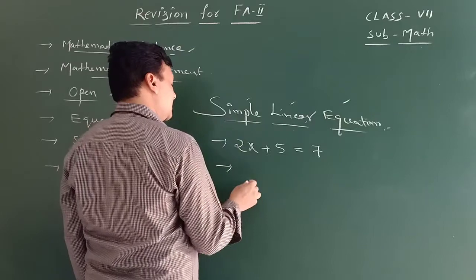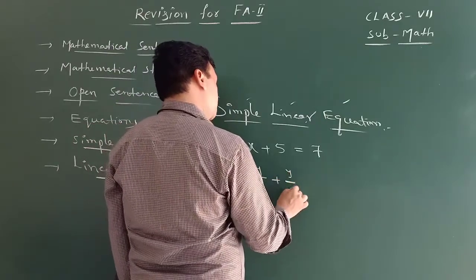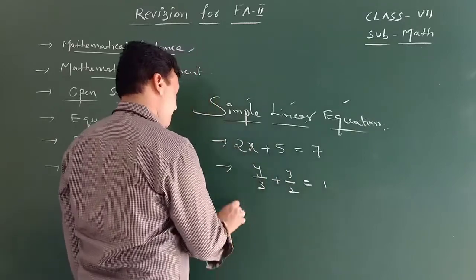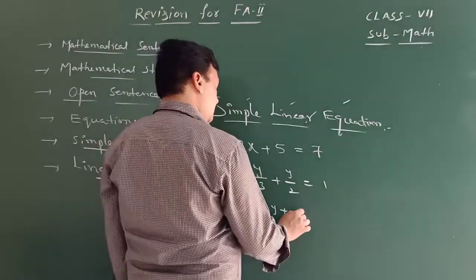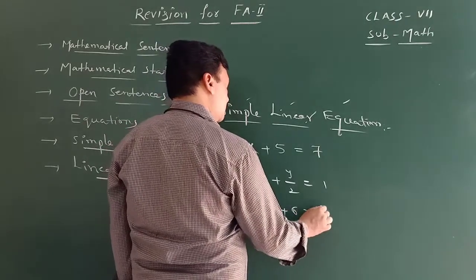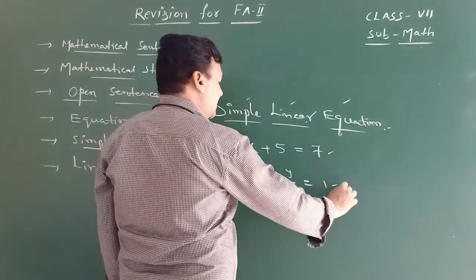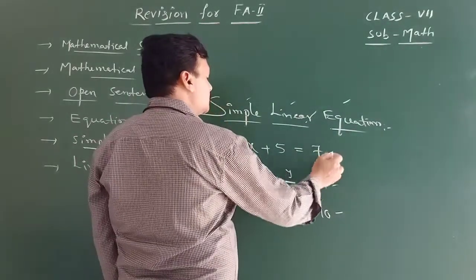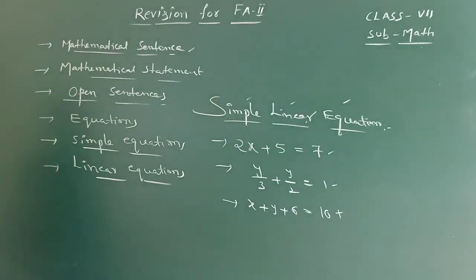Example 2: y/3 + y/2 = 1. Here x + y + 6 = 10 is also given. Among the three given equations, only the first two are simple linear, while the third is not.